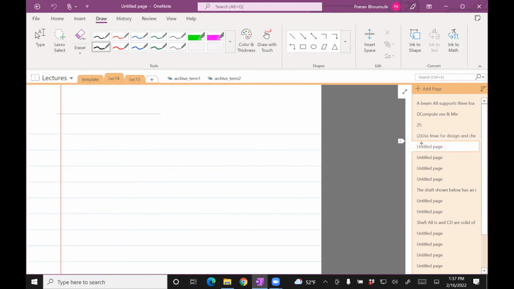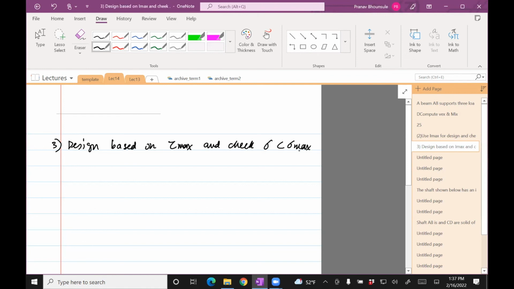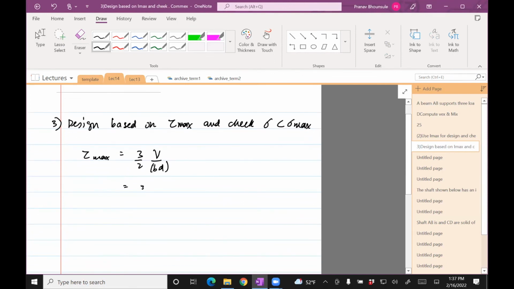So last step, number 3: design based on tau max and check sigma is less than sigma max. So tau max equals 3 by 2 V divided by BD. We've already seen that the maximum shear force is at the points I showed you, those 3000.